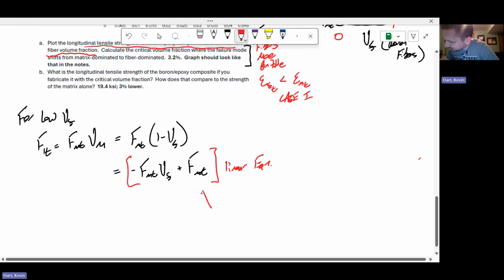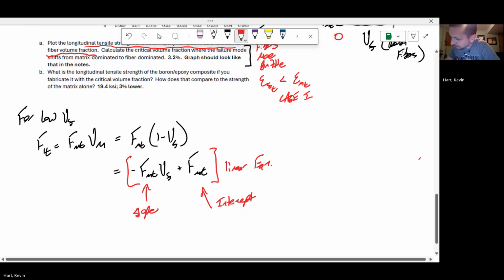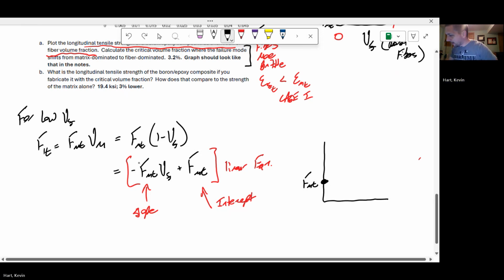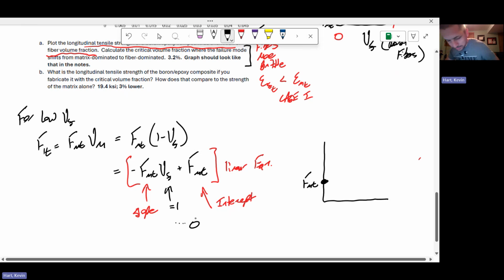With an intercept here, and here is your slope. If you were to just plot what this looked like by itself, the intercept is FMT, that's here, and the slope is negative FMT. And once VF equals 1, then the entire thing is equal to 0.